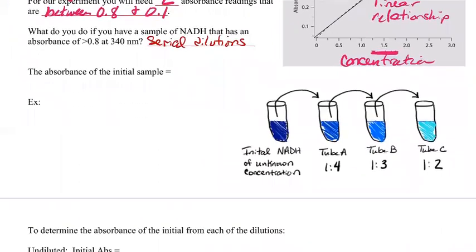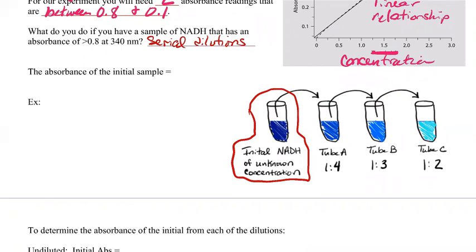So let's talk about serial dilutions real quick and how you're going to do that. I always want to know the initial concentration of this sample, or the initial absorbance of this sample, so that I can convert it to concentration. So I'm going to make some dilutions, right? If I make my dilutions, how do I go back and calculate the absorbance of my initial sample?